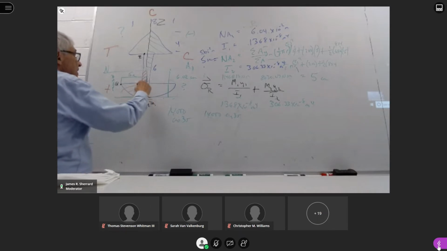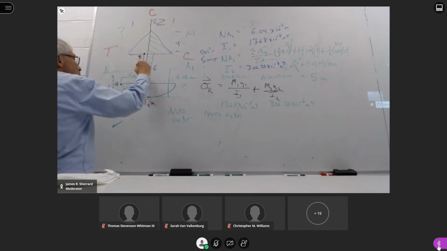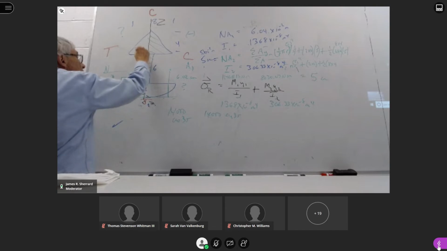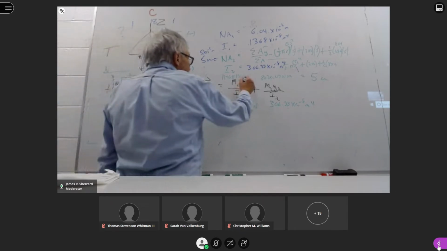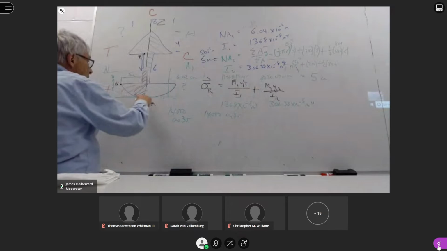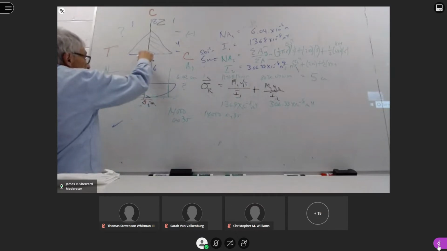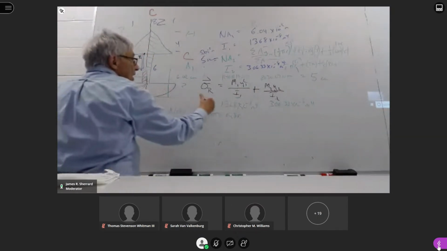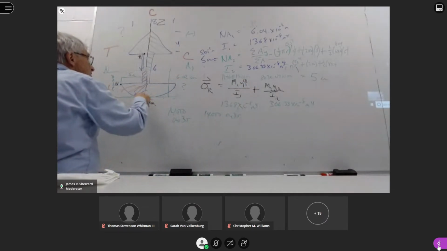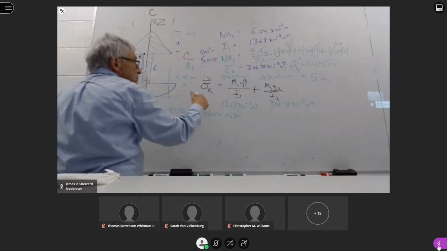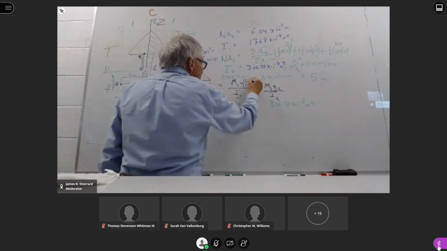So what I'm interested in is the distance from this neutral axis to the point of interest. What is that? You might be able to calculate it in your head, but probably the easiest way is to say, from the baseline up to here is 5 plus 6, which is 11. From the baseline to the neutral axis is 6.02.